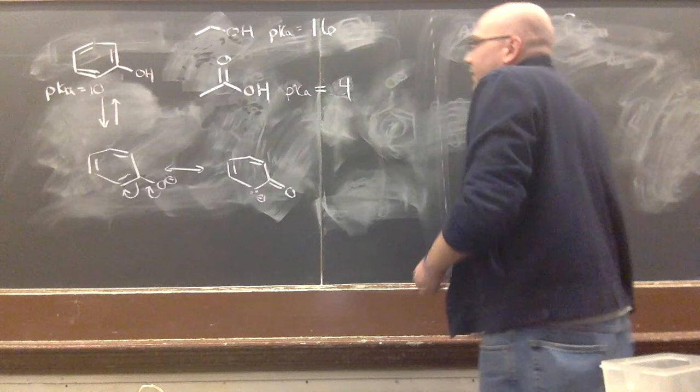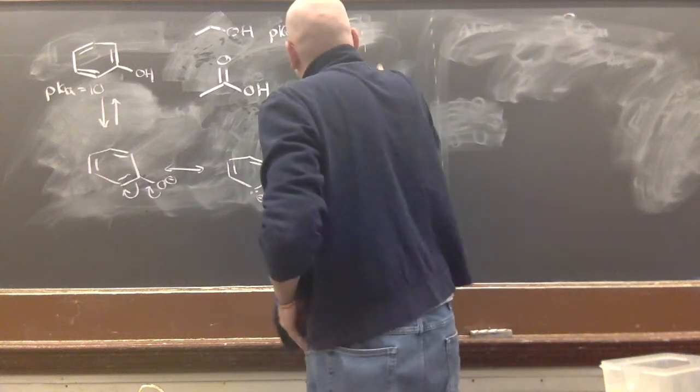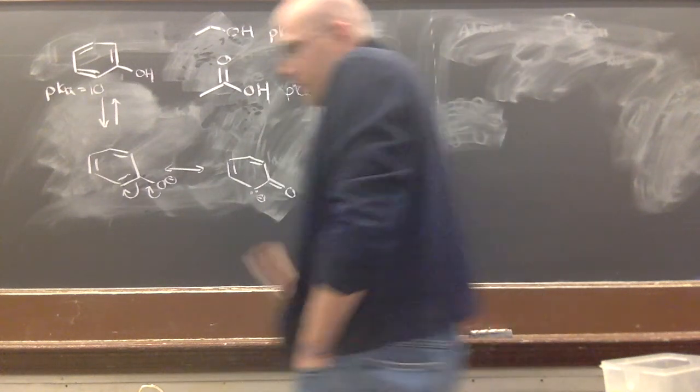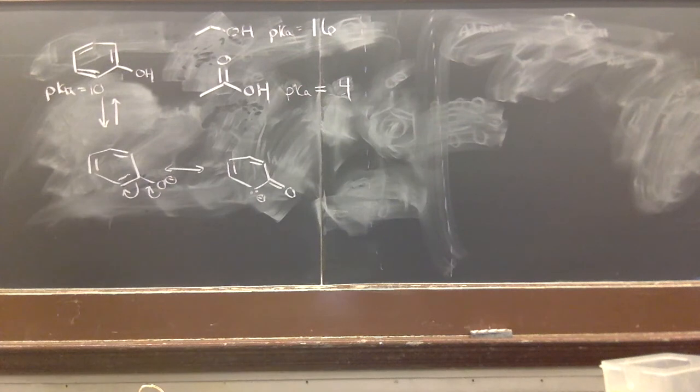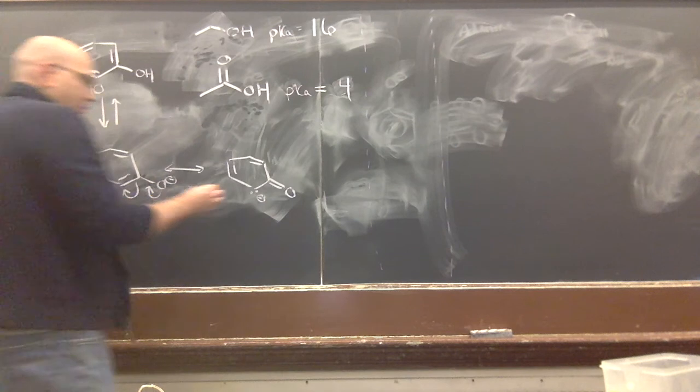First part of this. The other point that I want to make, though, and this is one of the factors that will come up in terms of reactivity that I think is worth mentioning. And that's that when we deprotonate this species, as we begin to push these electrons around the system, I want you guys to notice something.